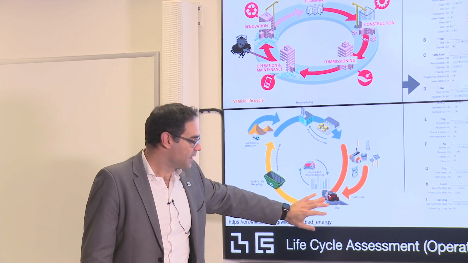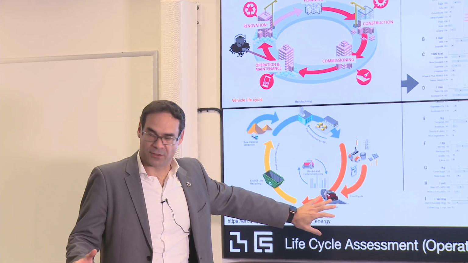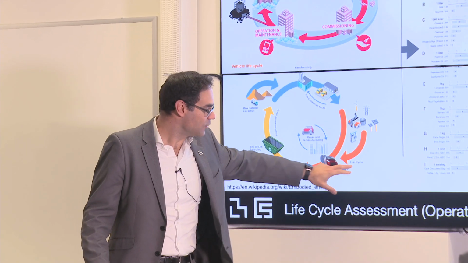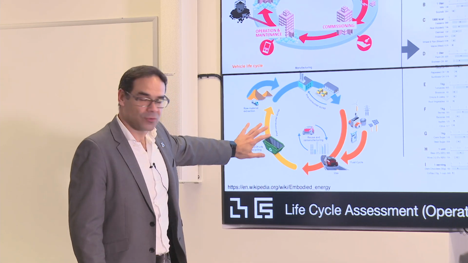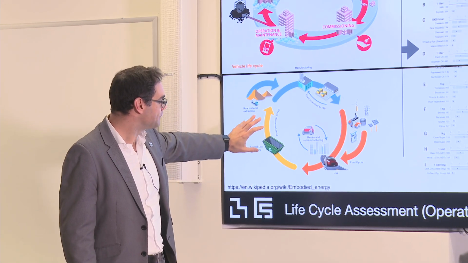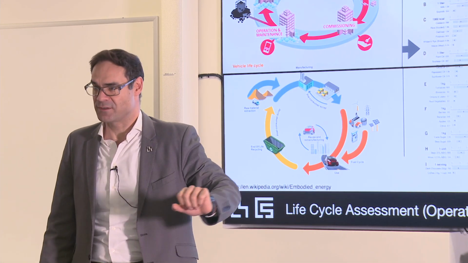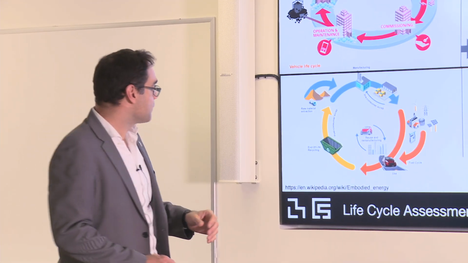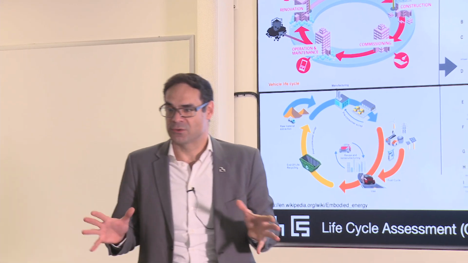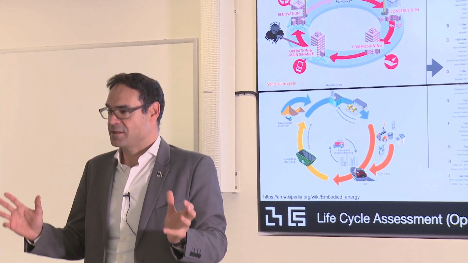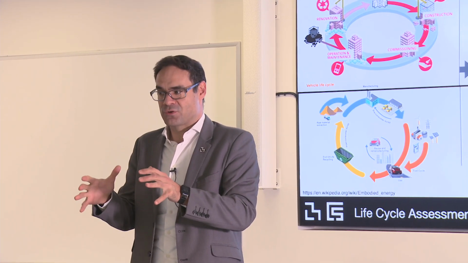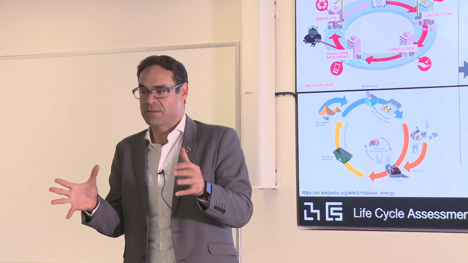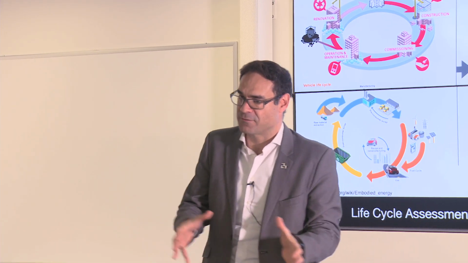Here, when you are using the car, that's operational CO2, okay? Because what you are doing is consuming fuels or whatever you need to move the car. And then when you trash or recycle the car, you also have embodied CO2. That means that a lot of times when we measure the CO2 in the planet and we say, for instance, China is producing a lot of CO2, that's not super fair most of the time, because a lot of that production is being used in a different country.